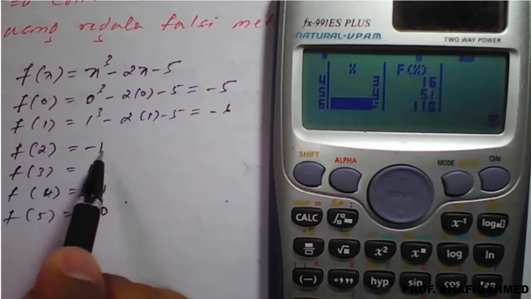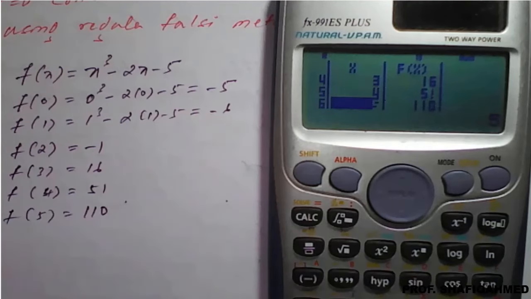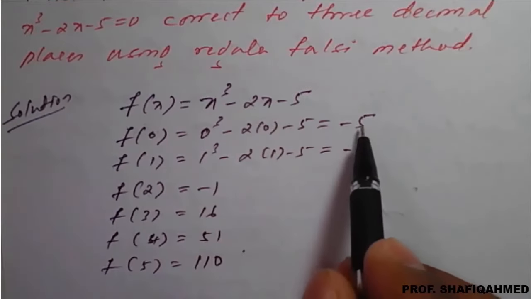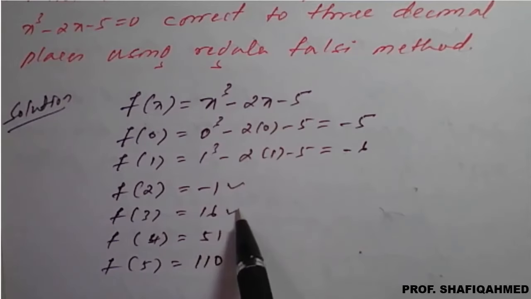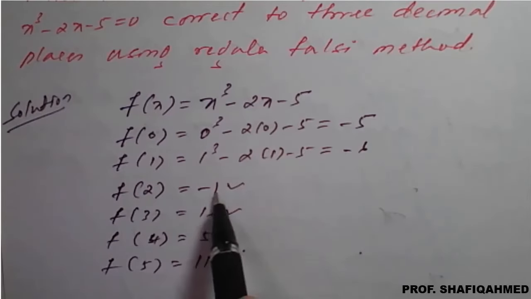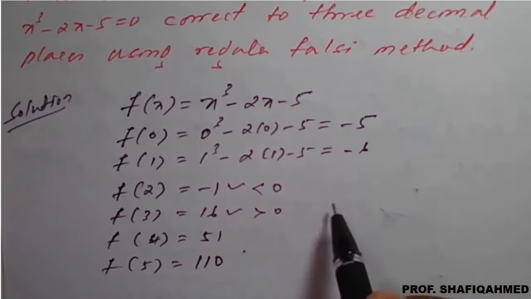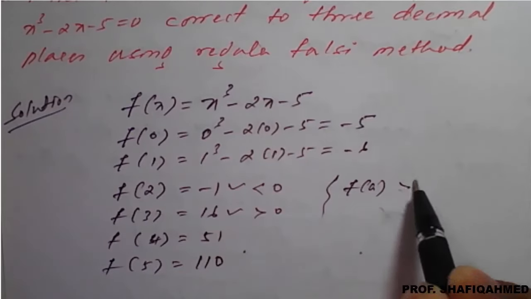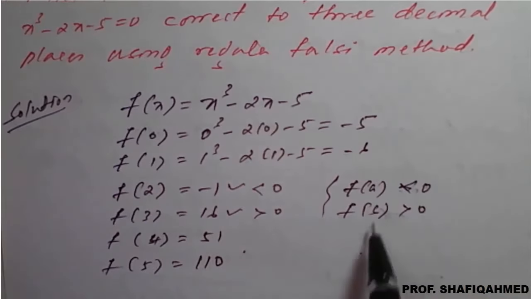As per the condition, we want one value positive and one value negative. So here you can see a negative value, then a positive. We have to choose these two, because f of 2 is negative, less than 0, and f of 3 is positive, greater than 0. So we have the condition that f of a should be negative and f of b should be positive.